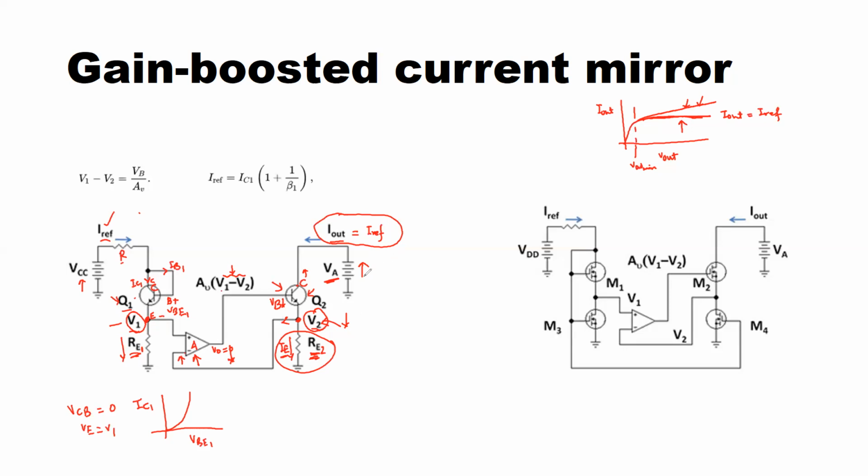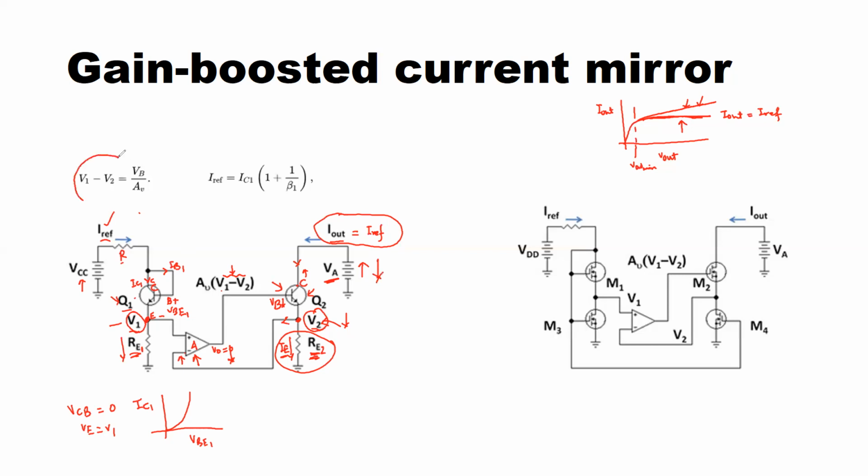Opposite things will happen when VA goes down: the voltage at the collector pin will go down, the current will go down, and V2 will go down, and the OpAmp output will go up, increasing the current flowing through the transistor, and V2 will be brought to its original value. So that's how you have a maintenance of the original voltage drop.